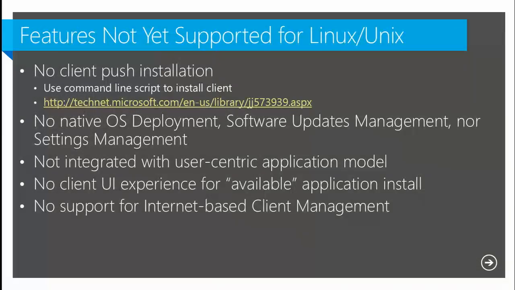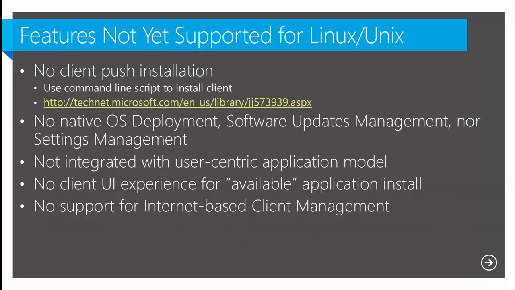So there are some features that you're not going to find for our Unix and Linux clients, things that obviously we hope to get to in future releases, but for now we don't yet have. There's no client push installation. Installation of the clients on the Unix platforms is a command line script that you can run, and that information is documented, and I've included a link in the presentation so that you can find the instructions for how to deploy Unix and Linux clients.